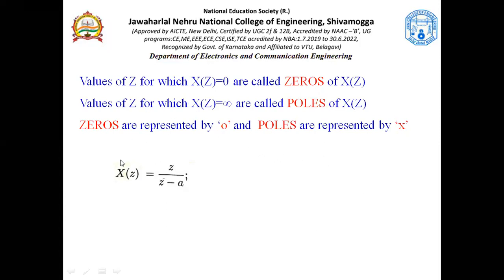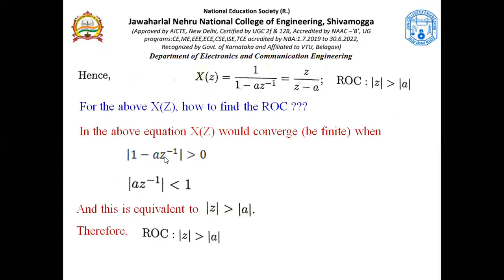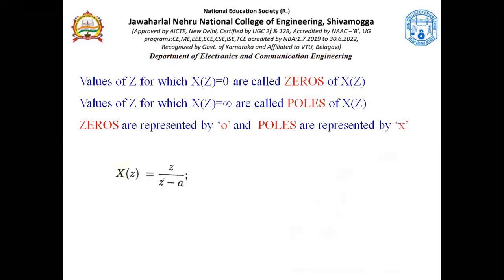Now you have found out your x of z to be this. See here, our x of z is this now. For sketching the ROC, this will help. For finding the ROC, this will help. So for sketching the ROC, we are considering the final equation. Okay, see, this is what we have considered.